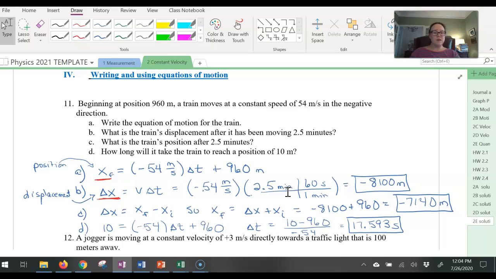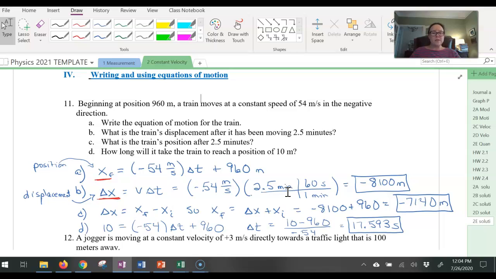But it's easy enough. I'm just going to convert minutes to seconds right here, and then I can solve and find that the displacement of the train would be negative 8,100 meters. The negative is important because it tells me that the train moved 8,100 meters in the negative direction.